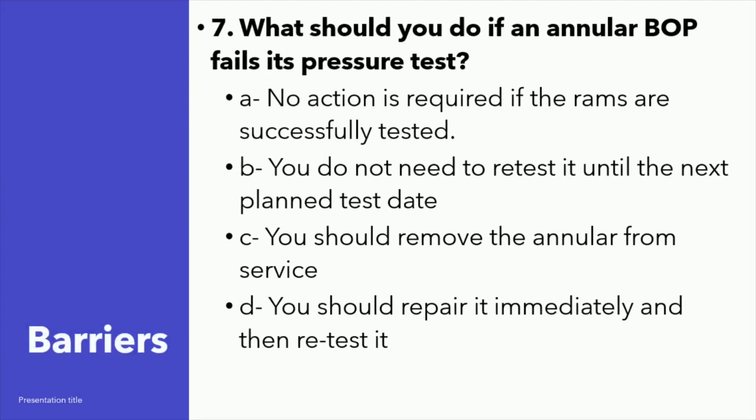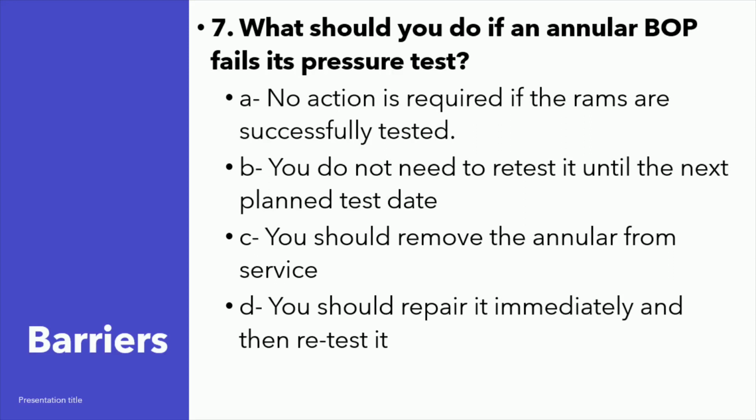7. What should you do if an annular BOP fails its pressure test? A. No action is required if the rams are successfully tested. B. You do not need to retest it until the next planned test date. C. You should remove the annular from service. D. You should repair it immediately and then retest it.